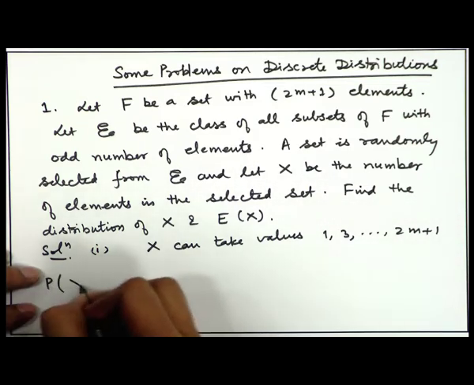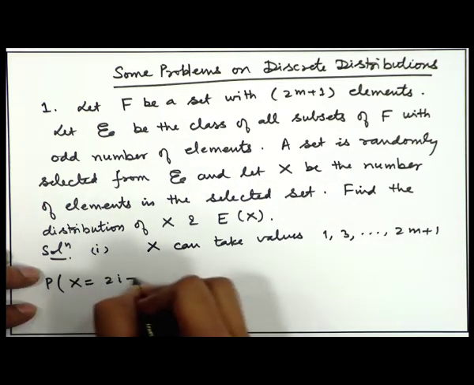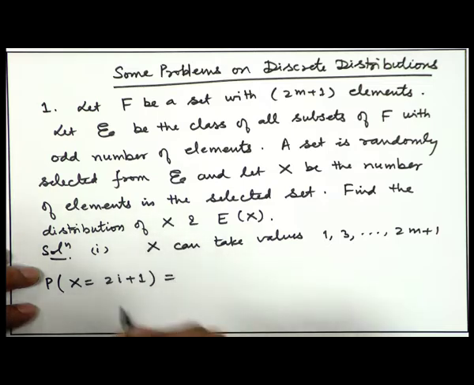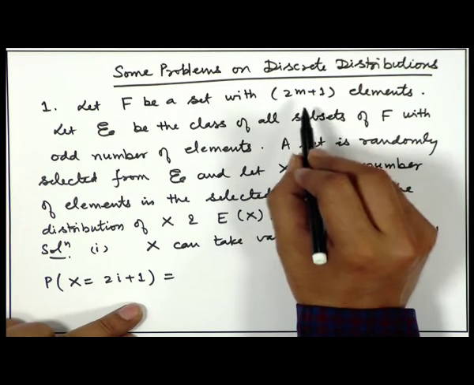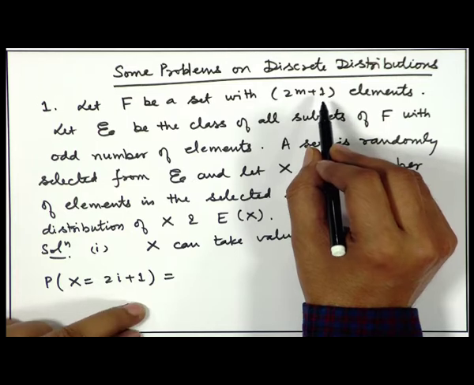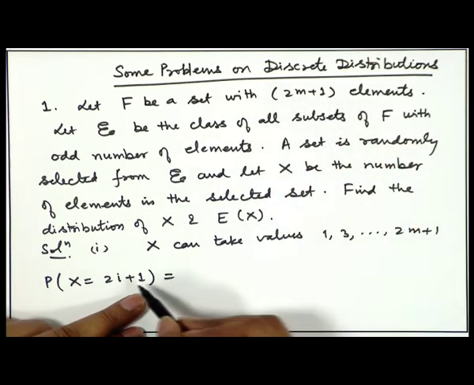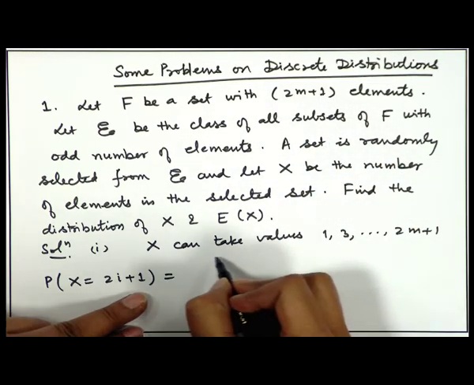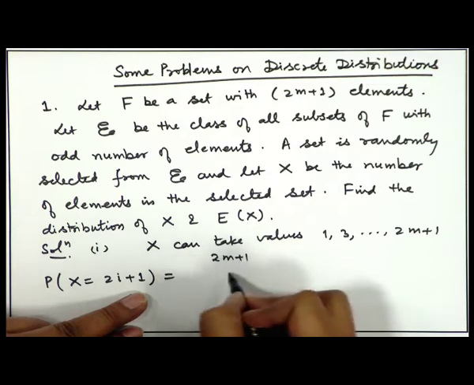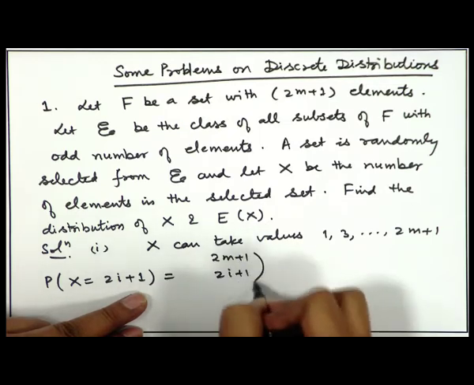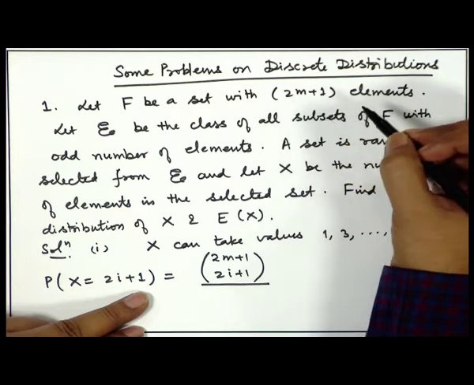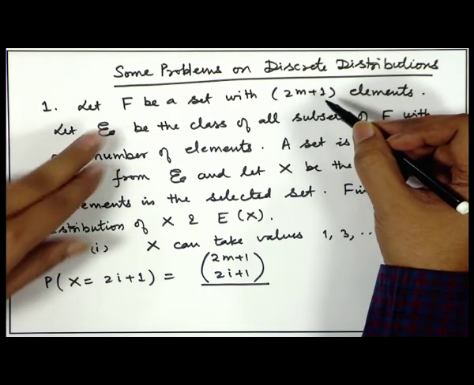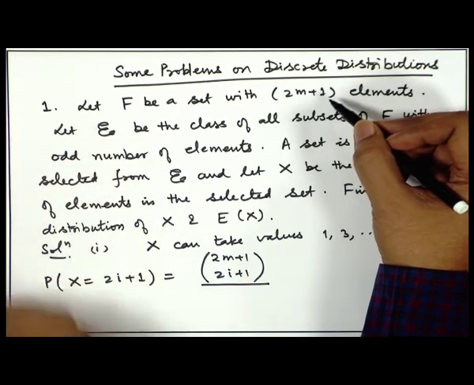What is the probability that X is taking value say 2i plus 1? Now, there are total 2m plus 1 elements in F. So, the number of sets which will have 2i plus 1 elements will be 2m plus 1 choose 2i plus 1. Total number of subsets of F will be 2 to the power 2m plus 1.